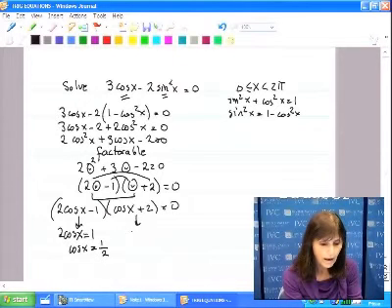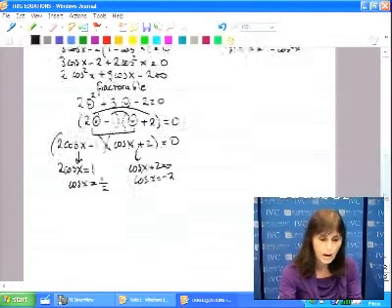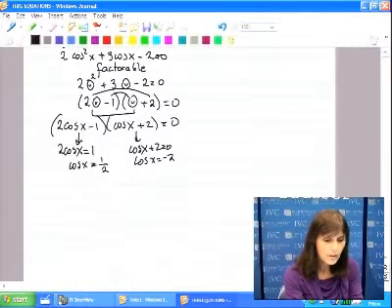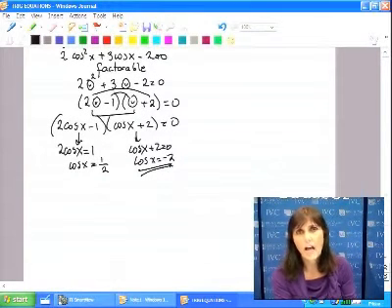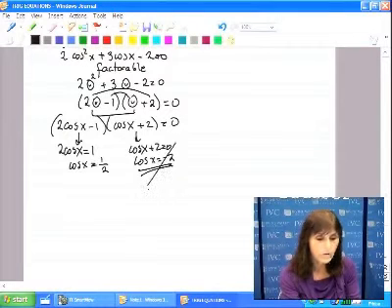From here I have cosine x plus 2 equals 0, cosine x equals minus 2. Here's a problem. This one's not going to work, since I cannot have a cosine that's minus 2.